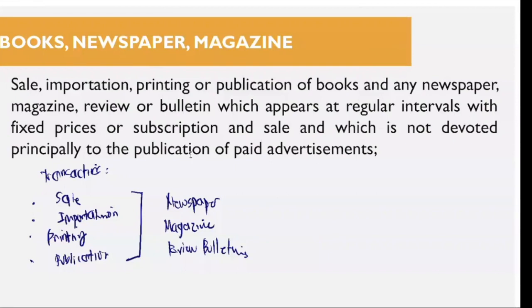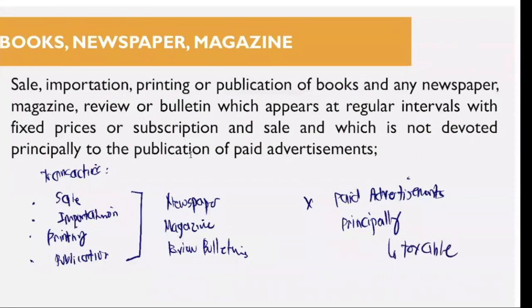But take note, the particular newspaper, magazine, or review bulletins must not be devoted for paid advertisements. So what you need to look here is the content of the newspaper, magazine, or review bulletins. If it is principally, meaning most or more than the different pages in your newspaper, magazine, or review bulletins, what is more placed into that item is a paid advertisement, it is considered taxable.